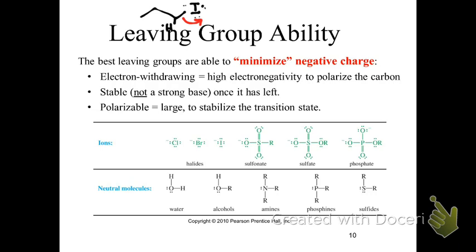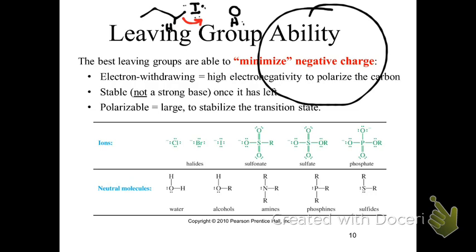Remember how we've talked about stability? Everything wants to be stable. Well, to be stable, it needs to be neutral. So we want to minimize the charge as much as possible. If we look at the size of hydride, hydrogen's pretty small. So there's our hydride, or H-. What's the size of iodide? There's our I-.